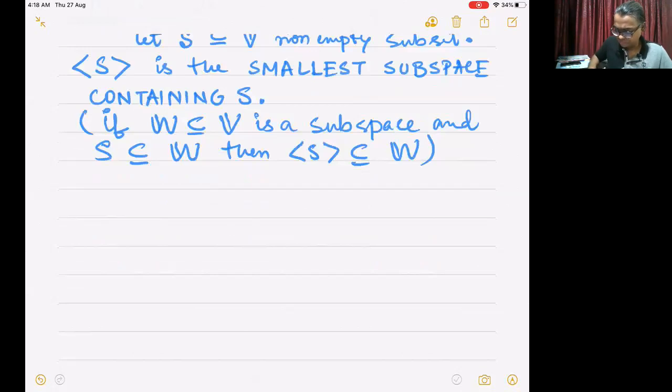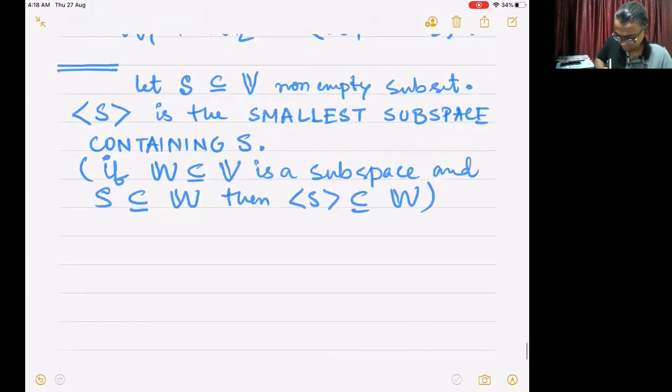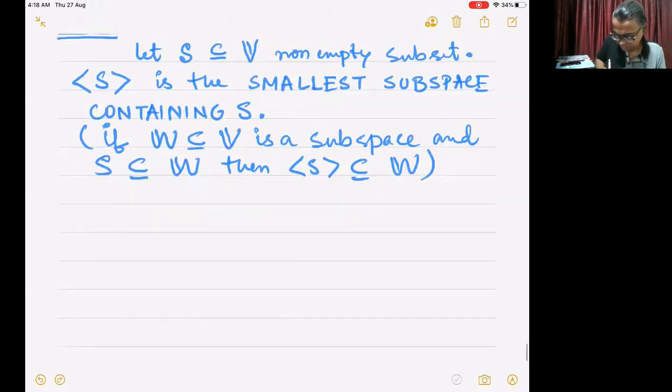In fact, the proof is quite simple. First of all, we need to notice the following: how does one define this smallest kind of thing? Okay, let us do the proof, and we'll see as we go along.